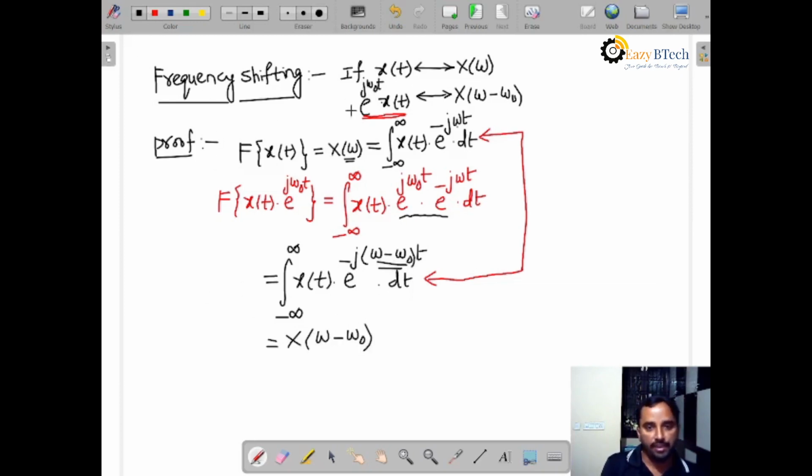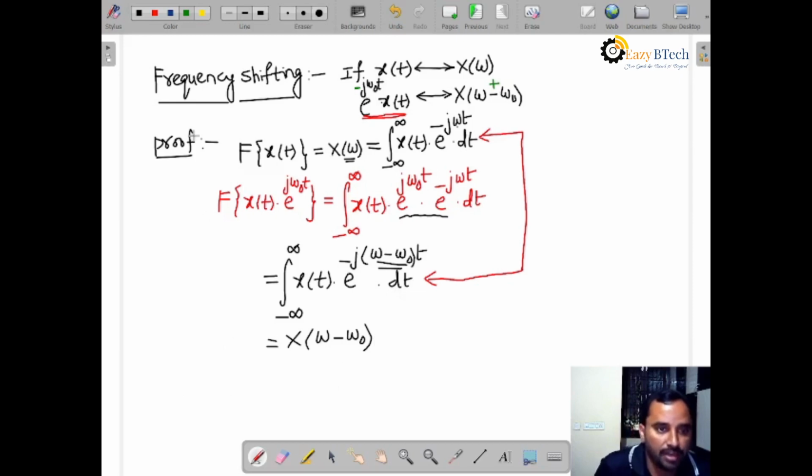In the same way, suppose we have plus, here we have x of omega plus omega naught. What can you expect on the left side? e to the power minus j omega naught t into x of t.